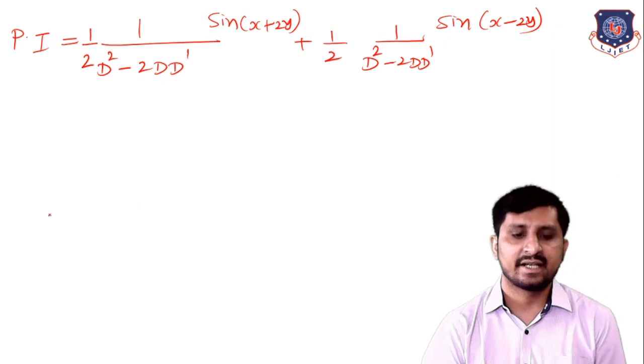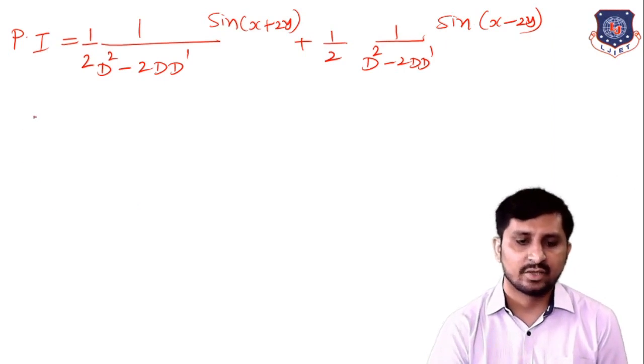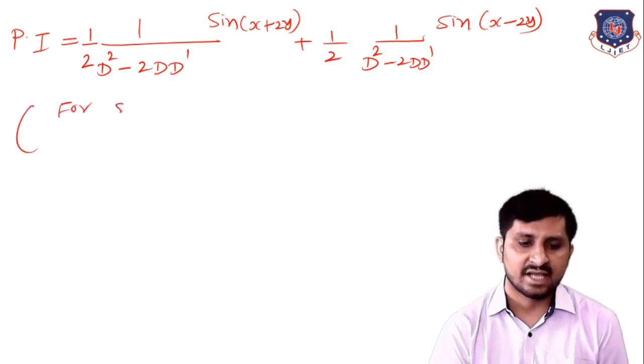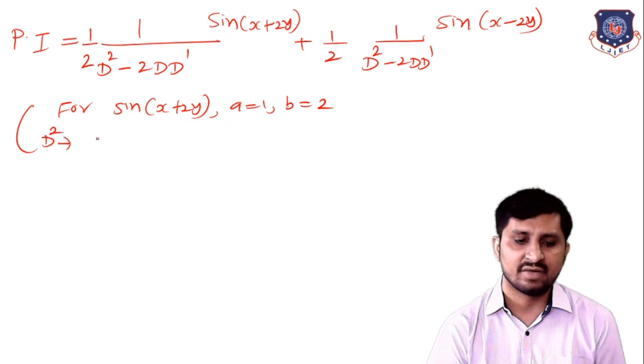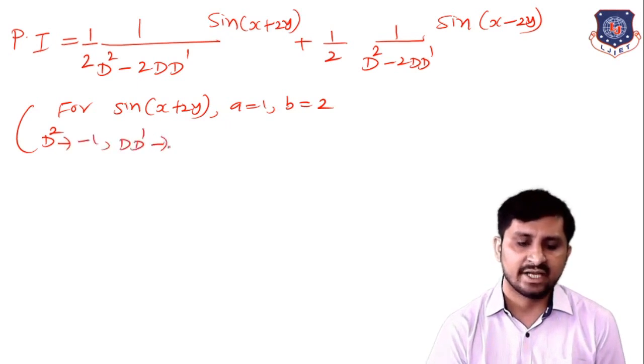Now you can understand that for sin(x plus 2y), you have to apply this rule, where A is equal to 1 and B is equal to 2. So instead of D square you have to take minus 1, instead of D into D dash you have to take minus AB, so that is minus 2, and instead of D dash square you have to take minus B square, so that is minus 4.